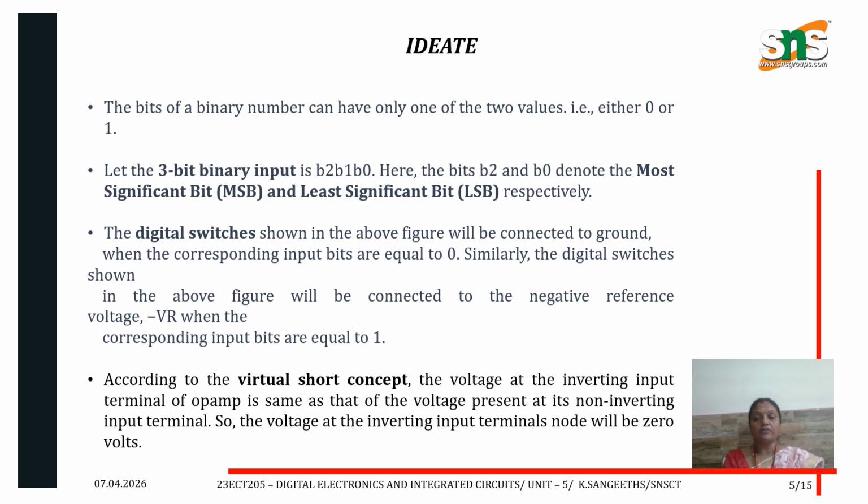According to the virtual short circuit, the voltage at the inverting input terminal of the operational amplifier is equal to the voltage at the non-inverting input terminal. So the voltage at the inverting input terminal node will be 0 volts.